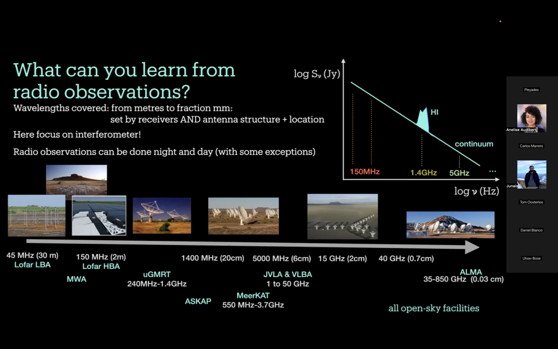And I'm going to focus on interferometers, and so I'm going to skip the single dish because the resolution is too low, and you will see from the part of Tom what this means. Of course, single dishes are interesting for some science, no blame on that, but there is a limitation in the resolution, so it depends what you want to do. The comparison with the optical, for example, may not be the idea.